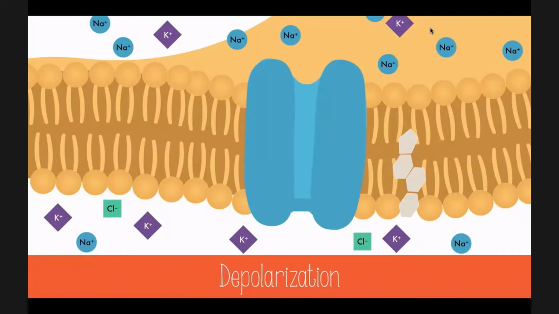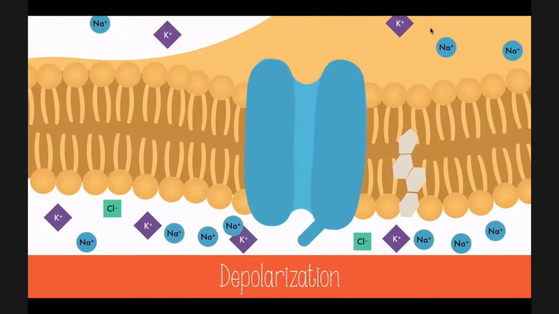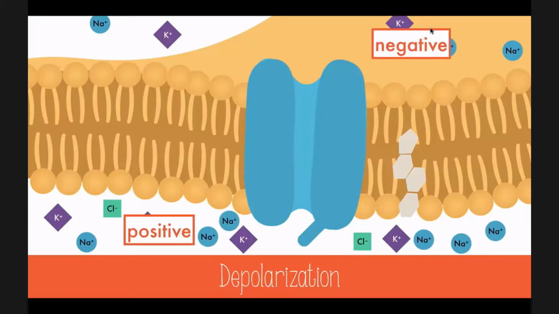The beginning of an impulse is marked by depolarization. This means that the voltage-gated sodium channel is opened and the sodium rushes into the cell. The influx of positive charges quickly shifts the electric potential of the membrane so that now the outside is more negative and the inside of the cell is more positive. This change in polarity will close the sodium gate.